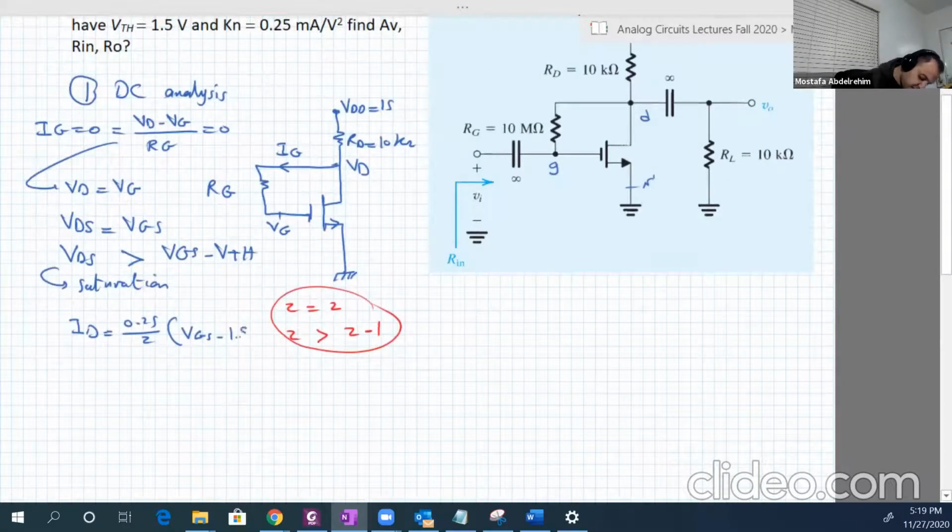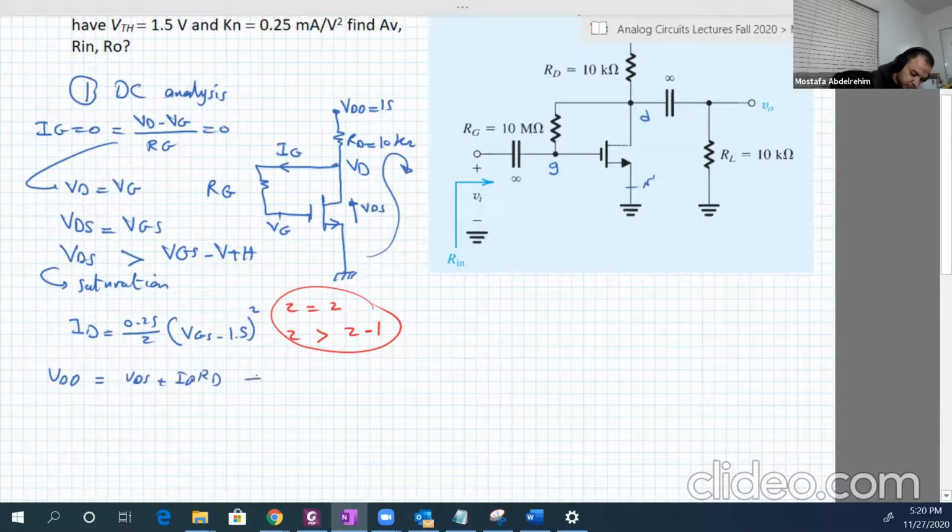And the ID is also equal to, from that outer loop here, VDD equal to VDS plus ID RD. So you can say that ID is equal to VDD minus VDS over RD.